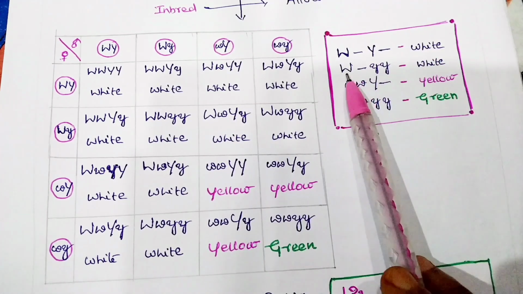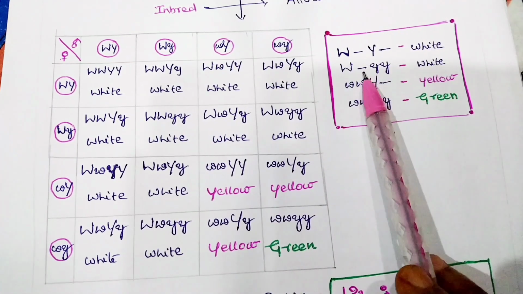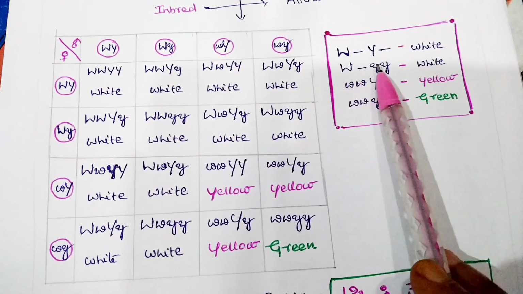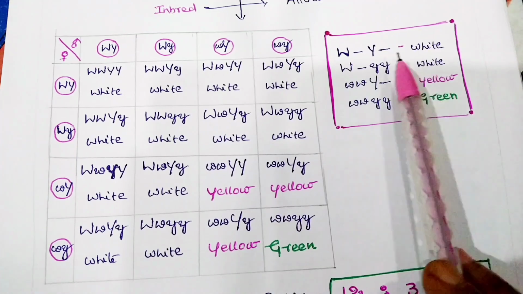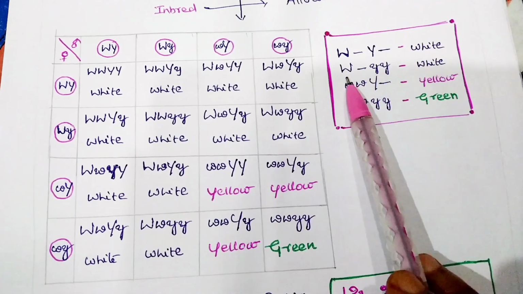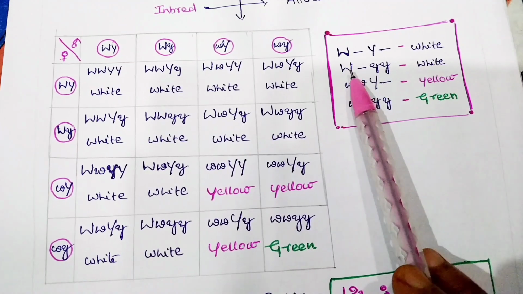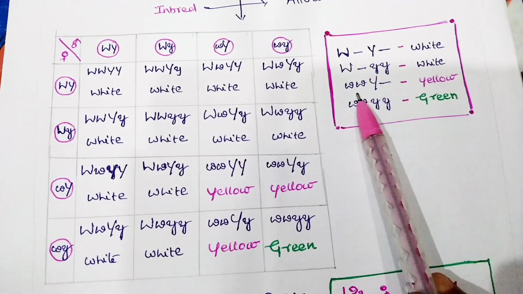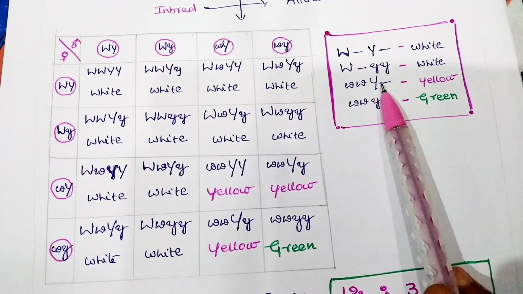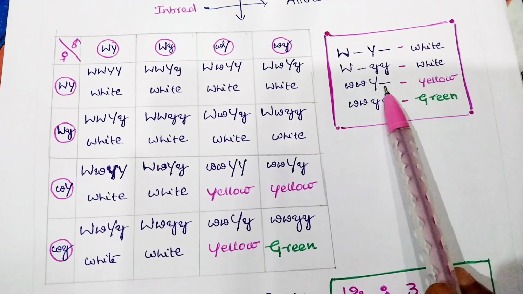When capital W and small y are present, here you place either capital W or small w in the blank. Here also the same condition applies: white color is expressed, because capital W is the dominant gene expressing white fruit color. The third condition is small w and capital Y. In the blank you can fill capital Y or small y, anything.